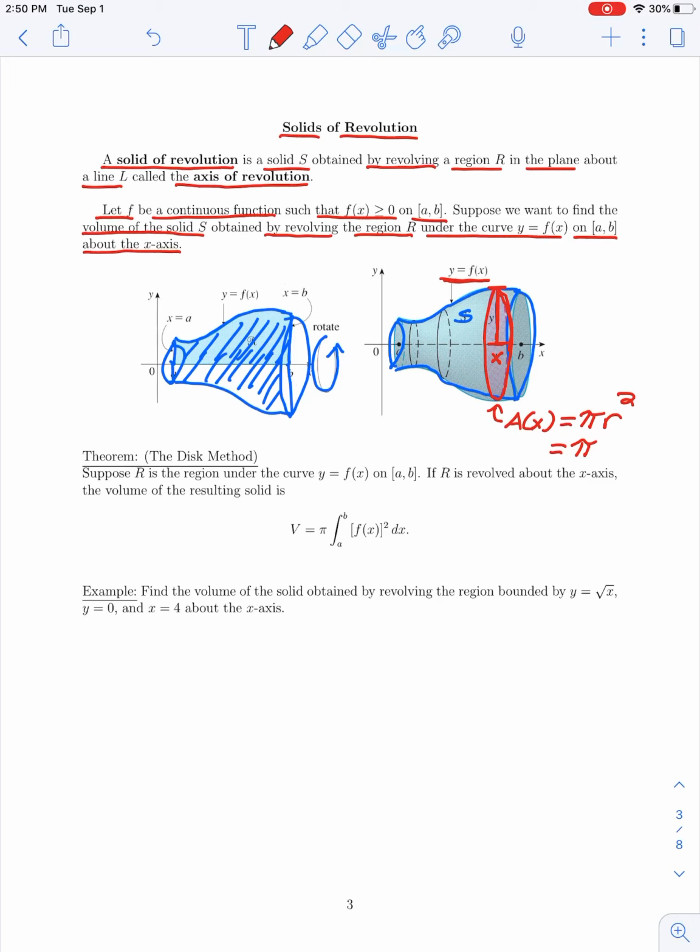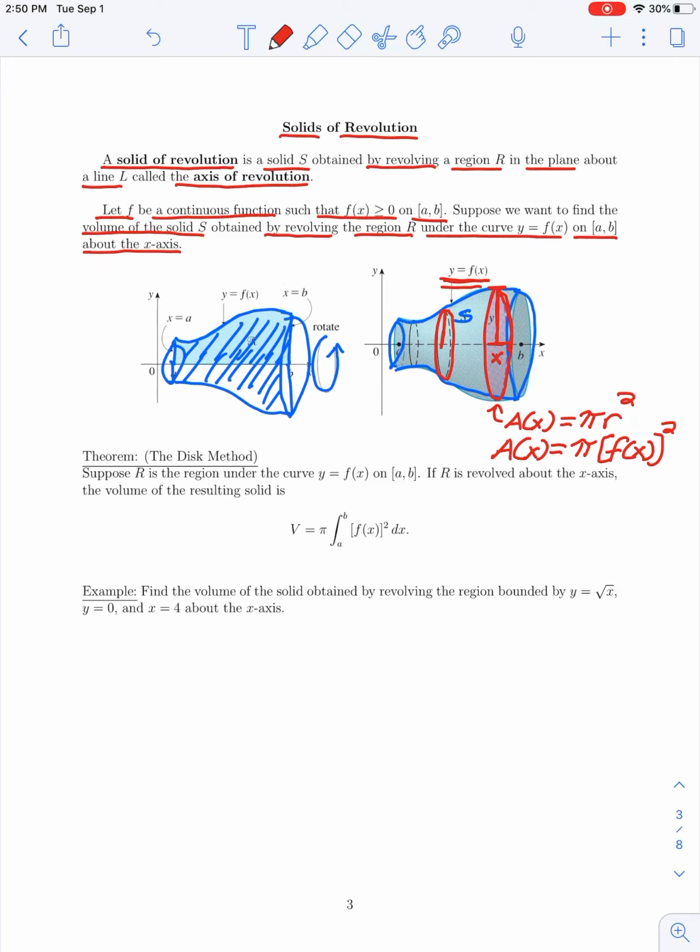So we see if we were to take a slice at a different value of x, I would have another disc whose radius, the distance from the x-axis to that outer edge, is given by the function f of x. So in general, r, the radius of such a disc, is given by the function f of x. So our area function, A of x, is pi times the function f of x squared.